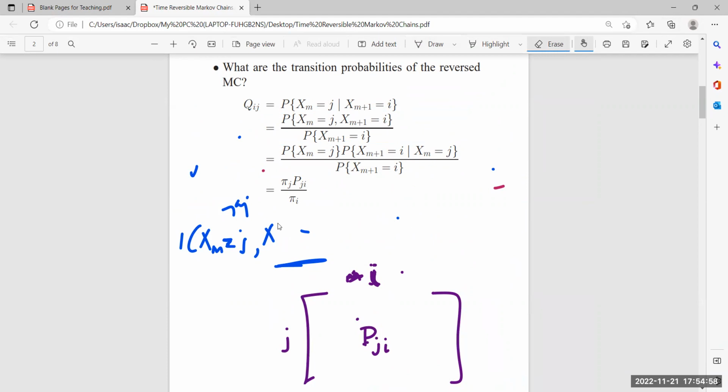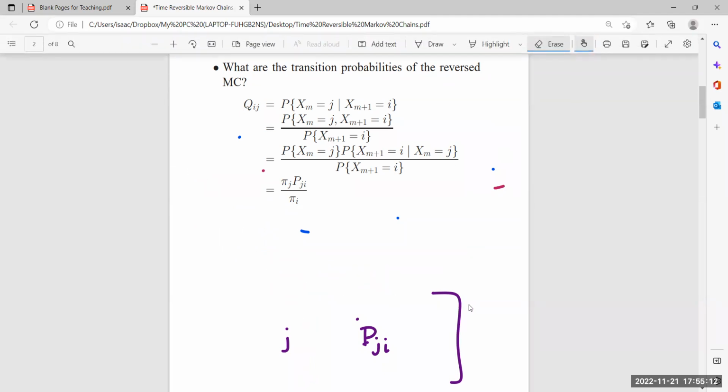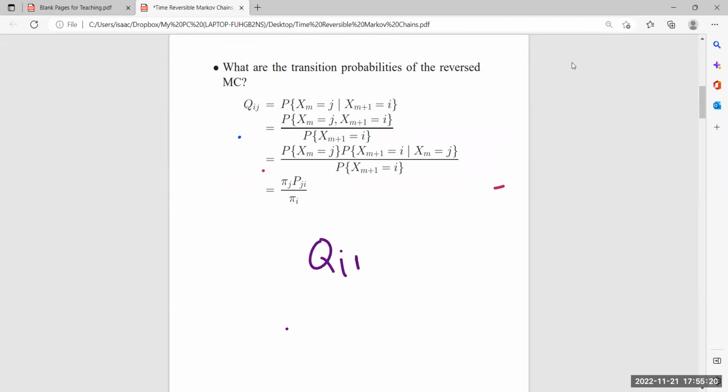Not all the time. So you have to be careful with this one. This one says that Qij is equal to pi j times pji over pi i.